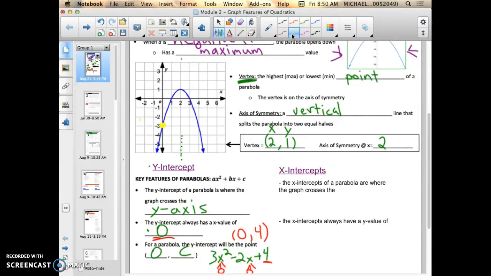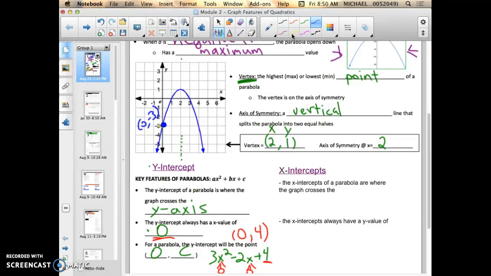If I plot that point, it's (0, -3). Alright? So if you notice, again, the x value for any y-intercept is 0, and then the y value is wherever it crosses the y-axis, which in this case is at negative 3. So that's how you find the y-intercept.